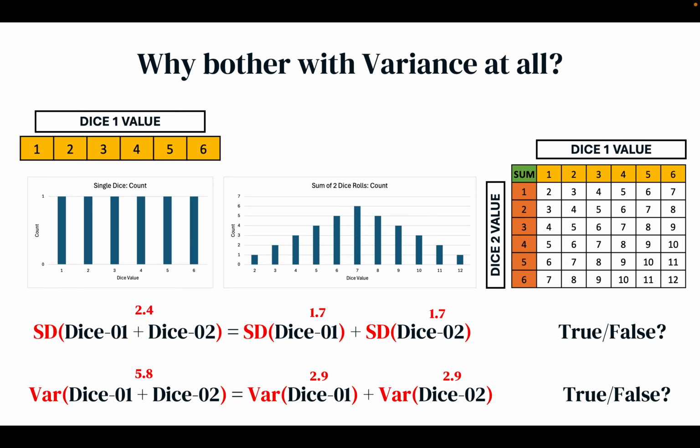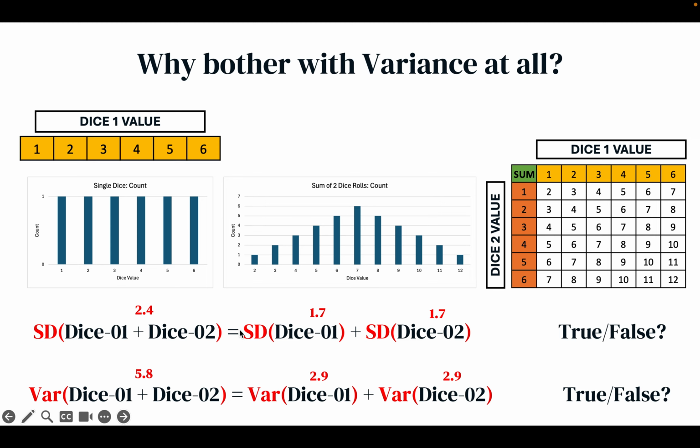They are identical. So the standard deviation of the second dice is also 1.7. Together, this forms 3.4. It does not equal 2.4, right? So the standard deviation of the sum of two dice does not equal the sum of individual standard deviations. So this is false for this specific case, right?